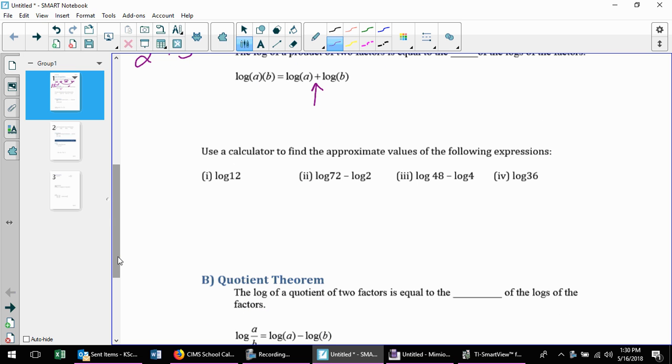Okay, so knowing what you know about exponential laws and knowing what you know about the product, the sum log law, what do you anticipate? Which ones do you think will match, ladies and gentlemen?